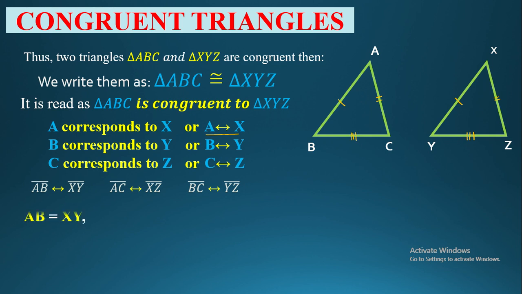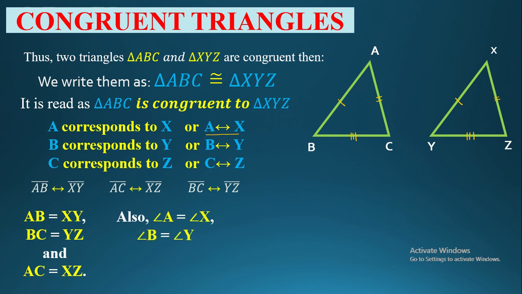That is, we can say AB is equal to XY, BC is equal to YZ, and AC is equal to XZ. Also, angle A is equal to angle X, angle B equal to angle Y, and angle C equal to angle Z. So we have here these six equalities, and these equalities are between the corresponding parts.